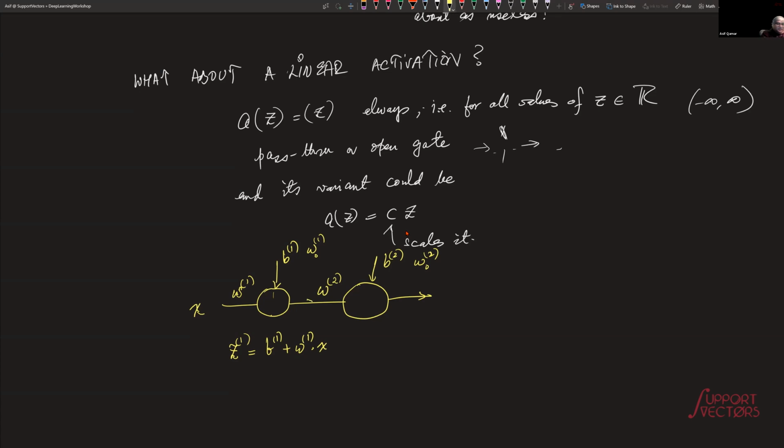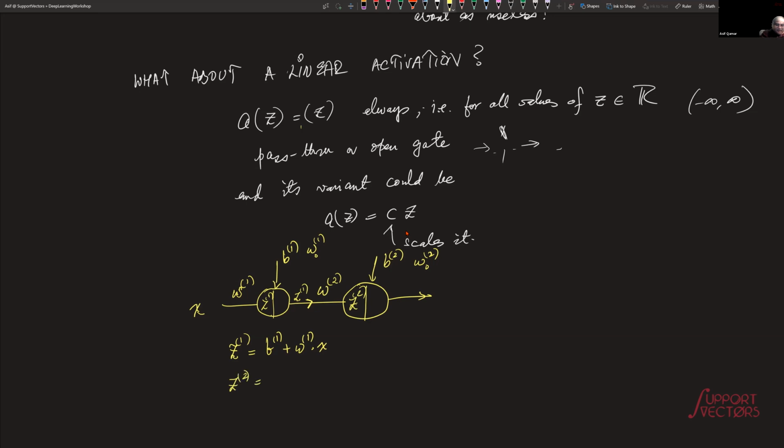So the output here, what would be the output? It would be the output of this activation, this Z1, just transferred and coming out as Z1, isn't it? Or up to a multiplicative factor. Let's take this situation: Z1 just comes out as is. So Z1 becomes the input to the second thing. So what is Z2? Let us figure out what is Z2.